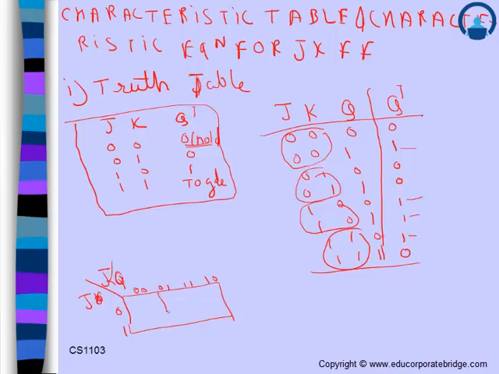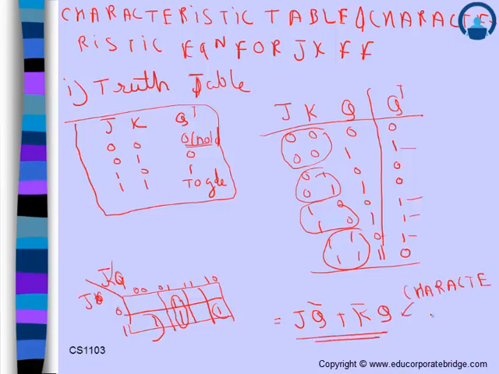We group the ones in the form of twos. After sorting it out, we get the characteristic equation Q plus equal to J Q bar plus K bar Q.